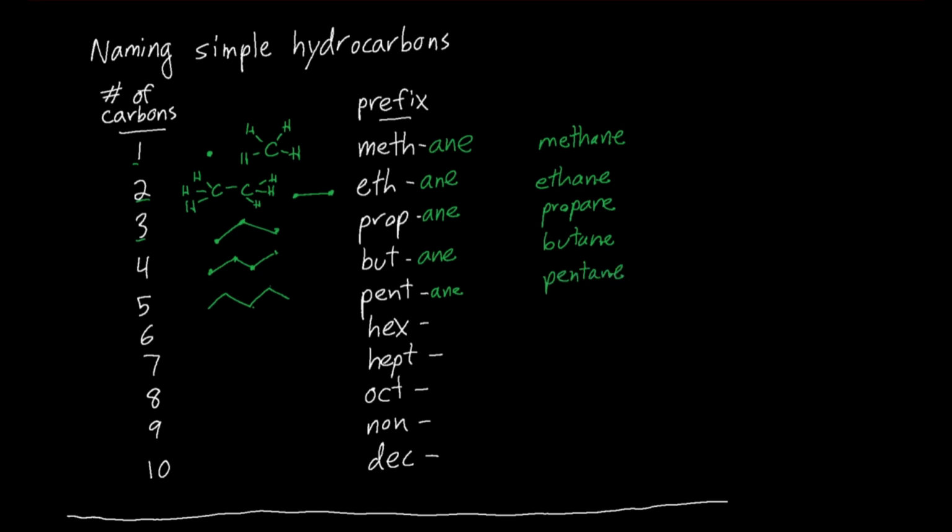Now, starting with butane, actually, you can have isomers. These are just the straight chain compounds, as we would call them. In order to just indicate that you are dealing with the straight chain, you can add the prefix letter N, that's a script N, as in normal. N equals normal.